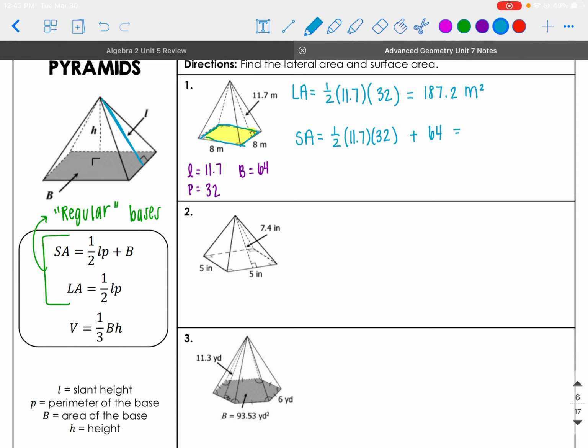So if you already did the lateral area in your calculator, that's what this part is, so you don't have to retype that. You can just do plus 64, and it'll take your answer from the previous line plus 64. And we get 251.2 meters squared.